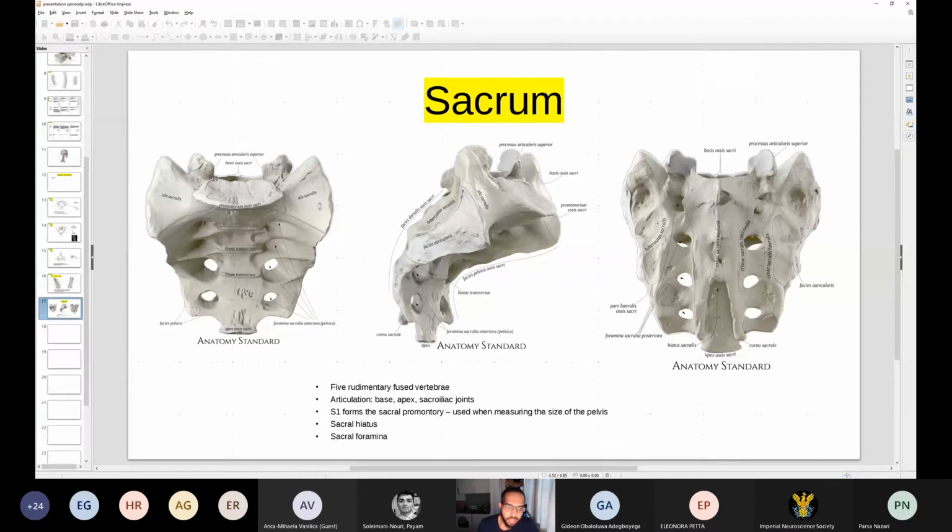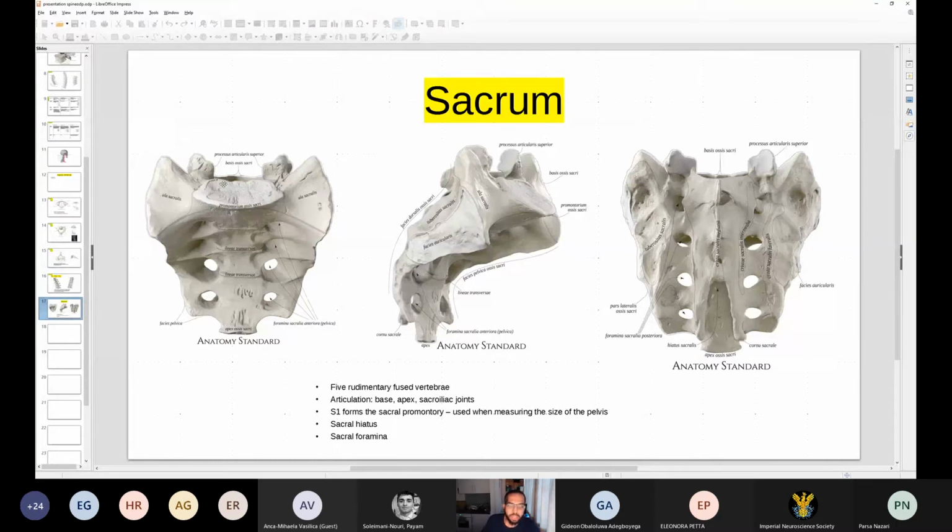It has an apex inferiorly and a base superiorly, and it has sacroiliac joint facets. These are for articulation with the iliac joints.